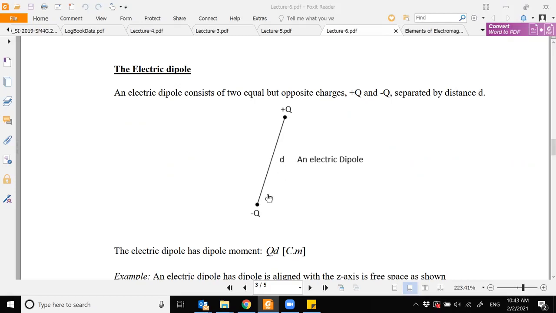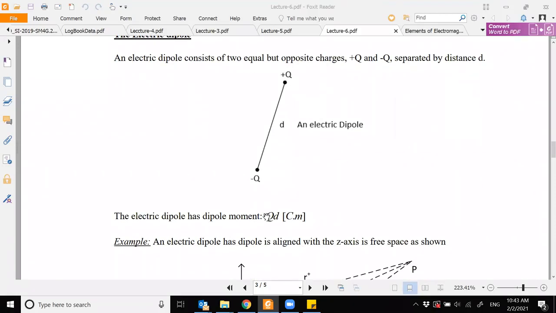A positive charge and a negative charge separated by a distance d is called an electric dipole. And these charges Q and Q are of equal magnitude but opposite sign.